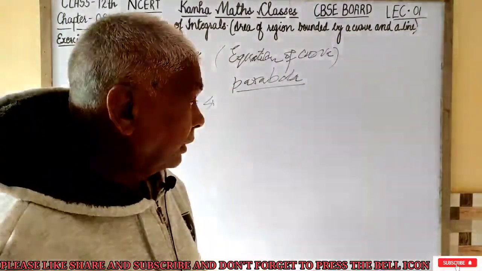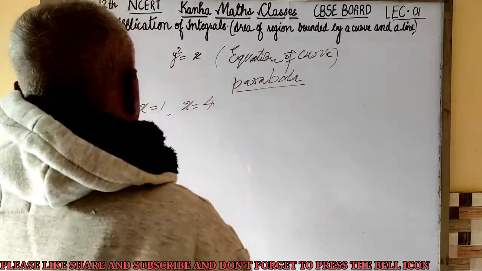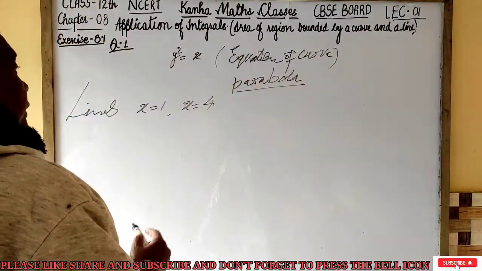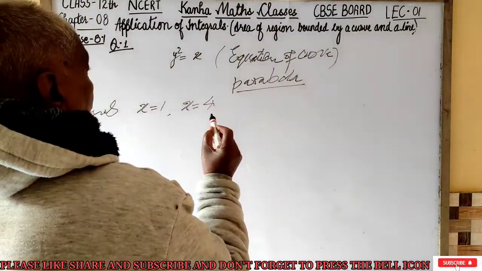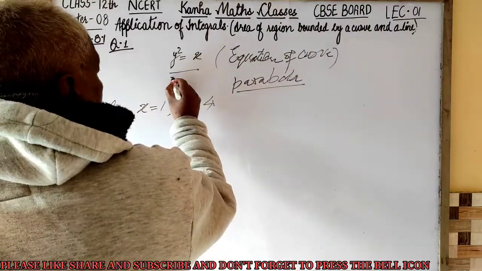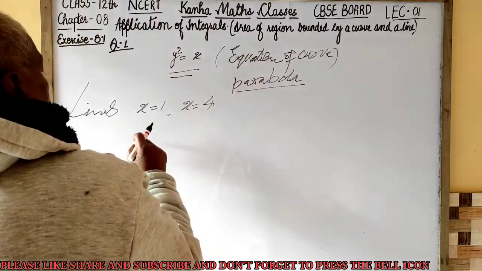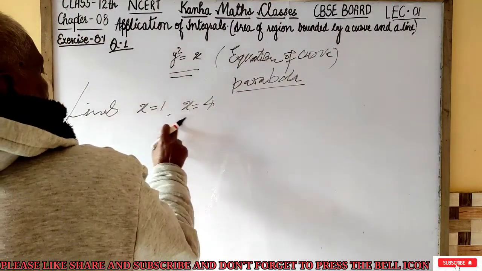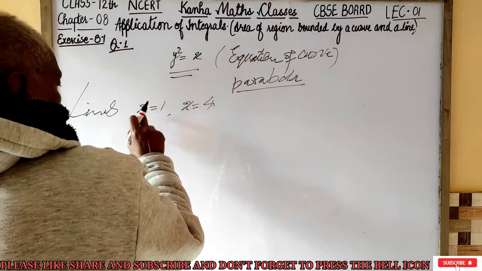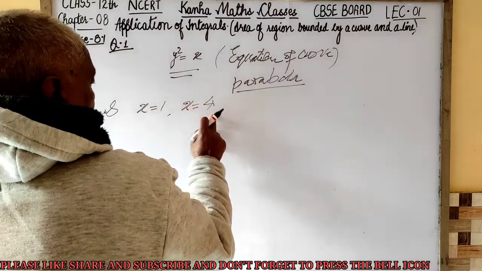In this connection, I am going to find the area of the region bounded by this curve. This curve is obviously a parabola, bounded by the lines x equal to 1 and x equal to 4.